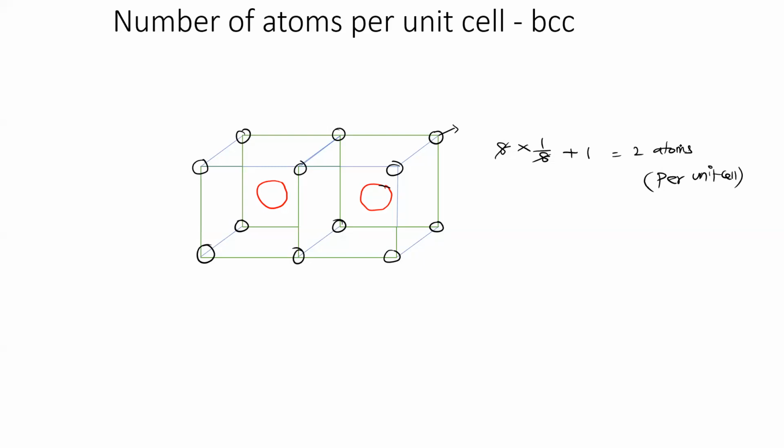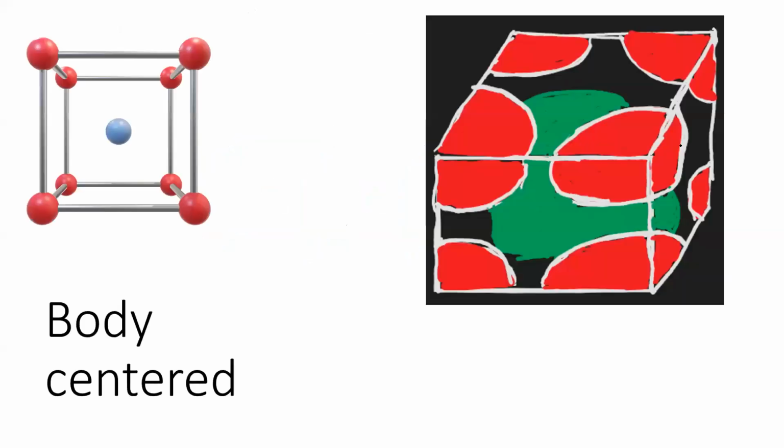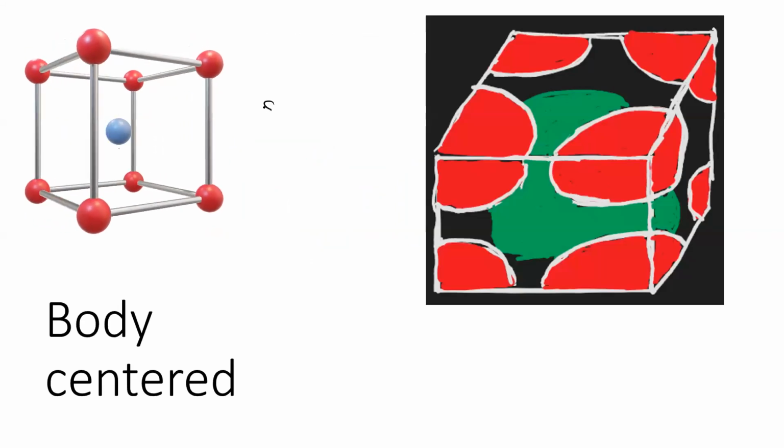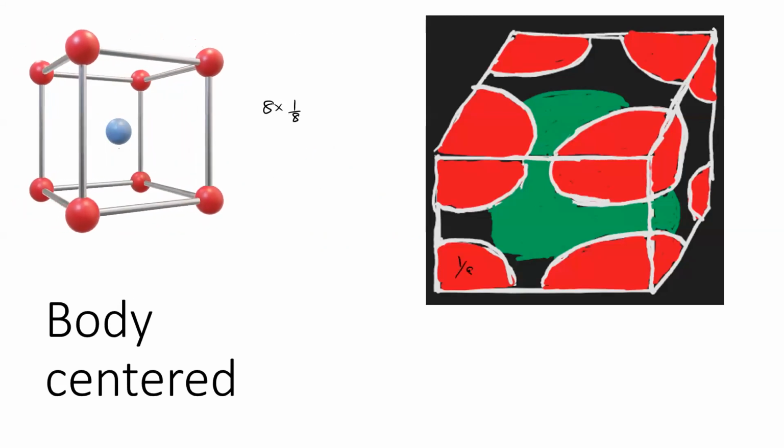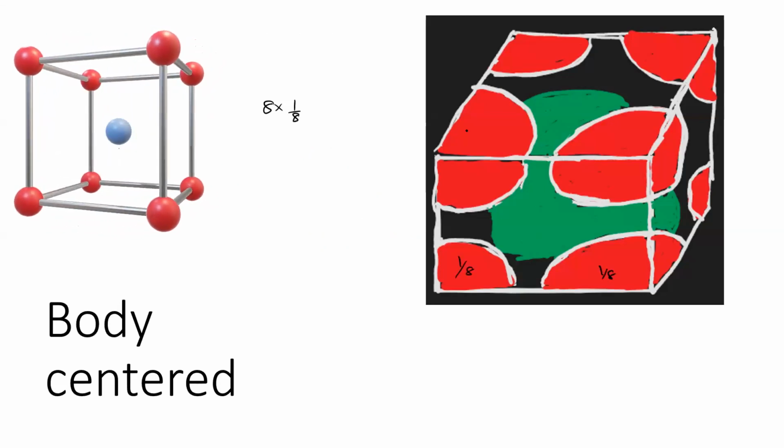Is that clear? Clear, sir. So this is all about the body centered unit cell. 8 corner atoms are there. 1 corner atom contribution is 1/8, each corner atom 1/8 contribution.